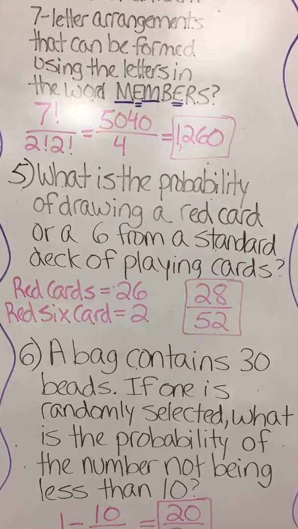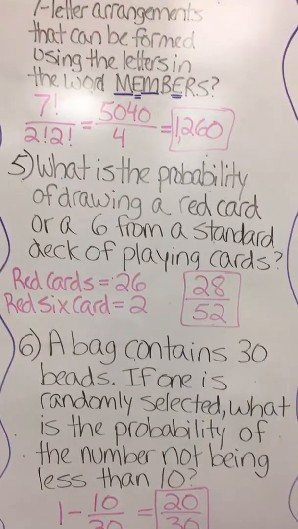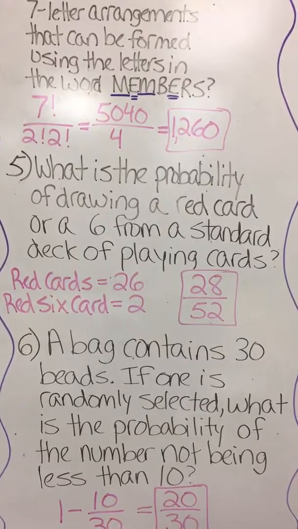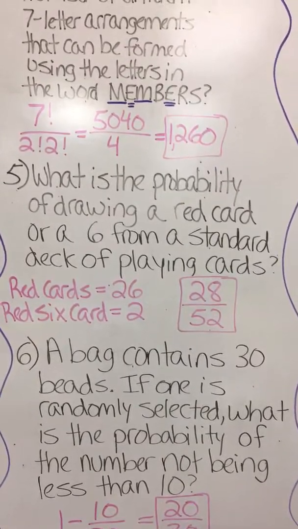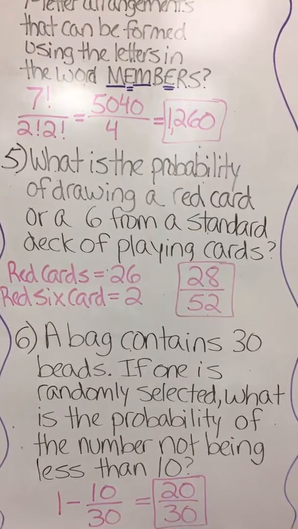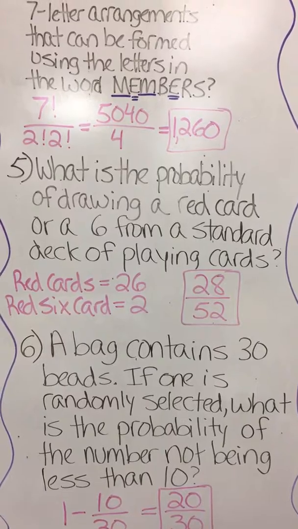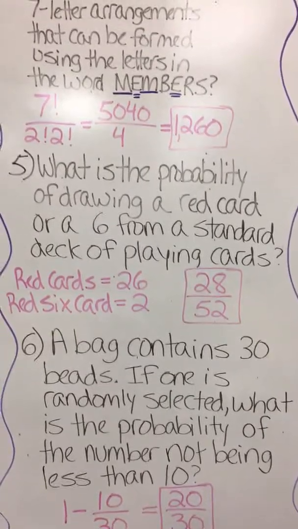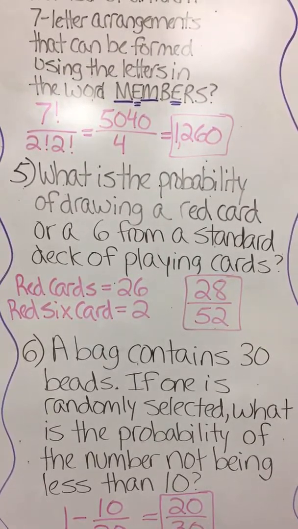And then what you end up doing here is factoring in how many 6s you can get that are just red cards. That would be 2. Normally it would be 4, but since we're looking just at red cards with the number 6, it's going to go down to 2. So when we add 26 plus 2, we end up with 28 on the top and 52 for the full deck of cards. And that's going to be our answer.